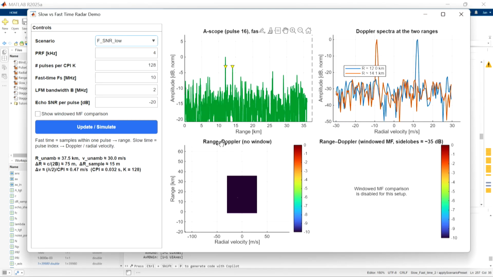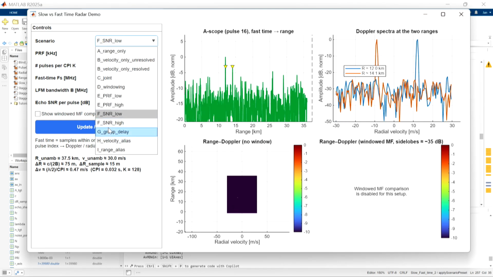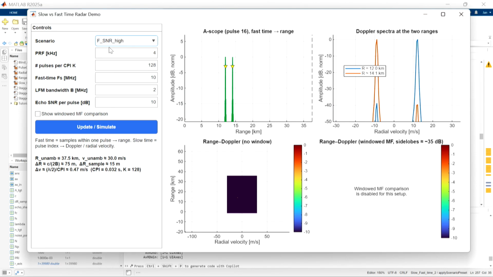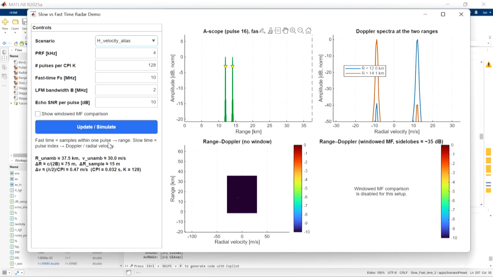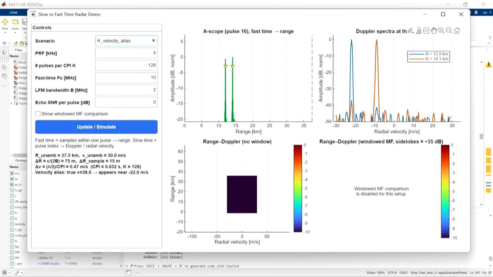SNR low, SNR high, and it is some preset that I just put for you. Group delay, just ignore. It is velocity aliasing. There is aliasing of velocity, which means my target is at such high speed that it can't be recognized. It is ambiguity of velocity again.